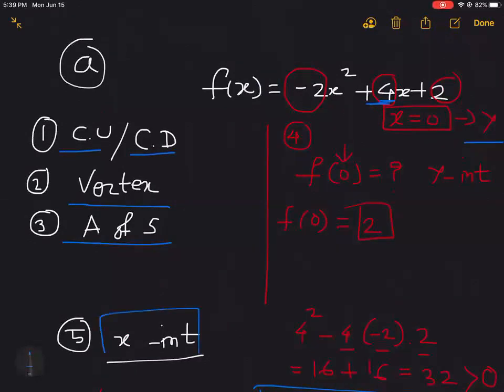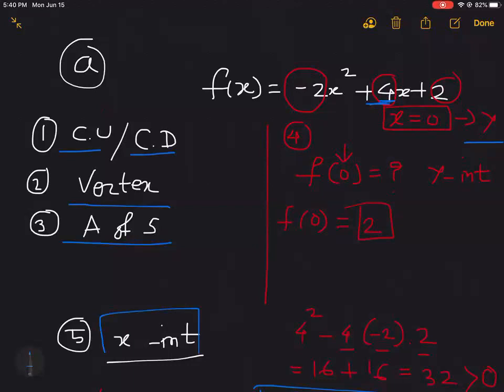We can calculate all of these from a given function. So now we want to graph a particular function using this information, rather than taking x randomly and getting the functional value. No, we want to use this information and graph it.